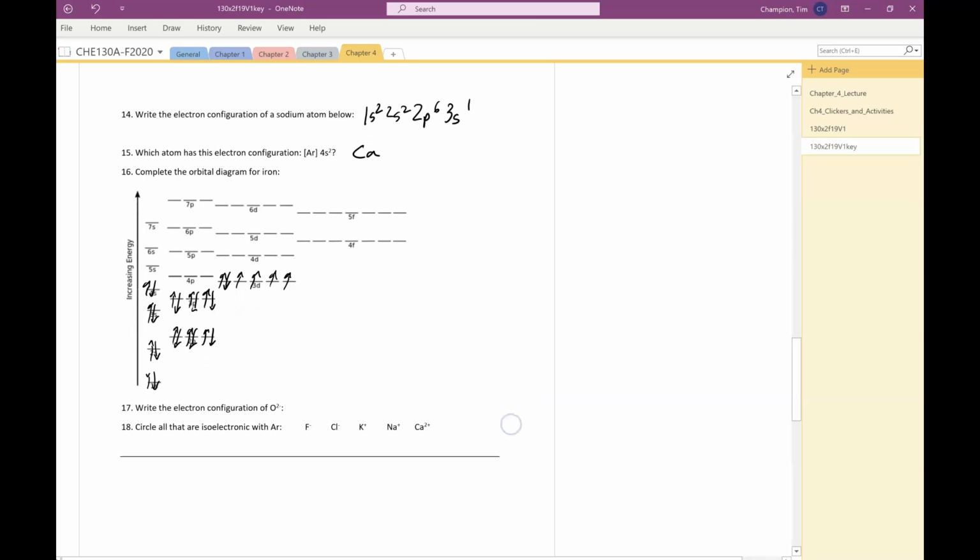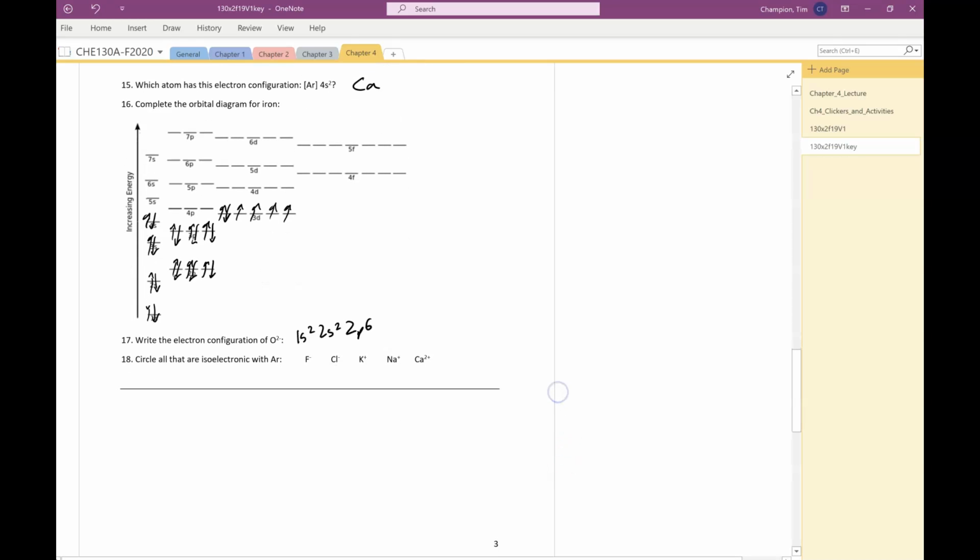And then for O2 minus, I recognize that oxygen picks up 2 electrons, so it's isoelectronic with neon if it's 2 minus. So that's 1s2, 2s2, 2p6. And then if we look at things that are isoelectronic with argon, the chloride ion is going to be isoelectronic with argon.